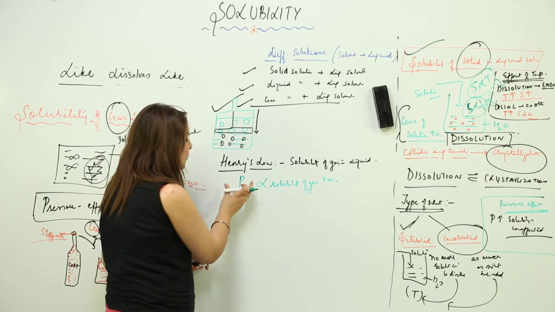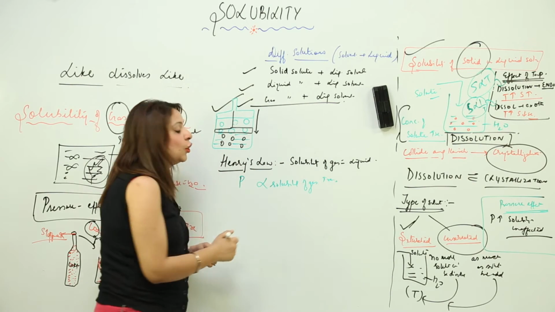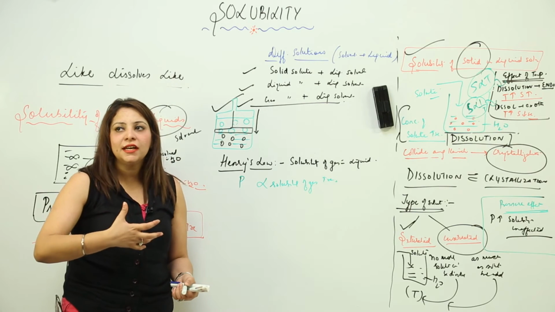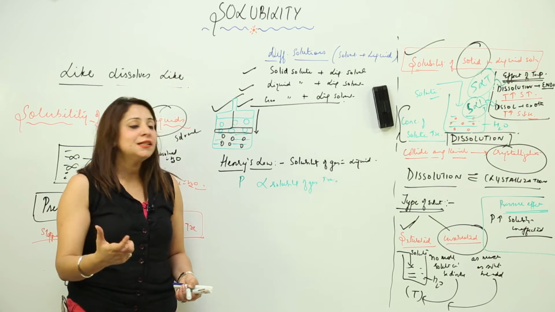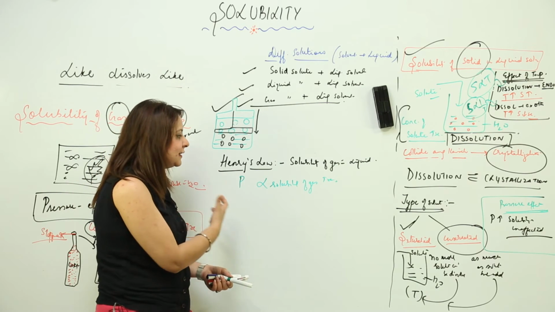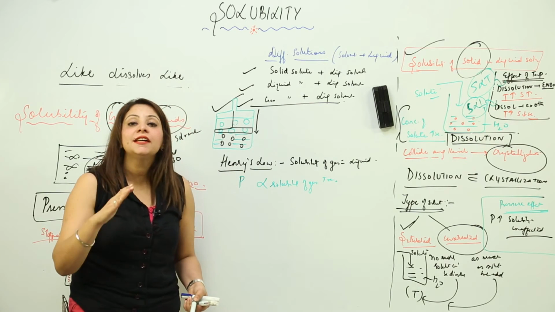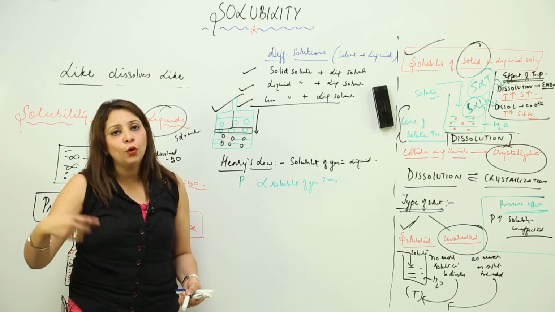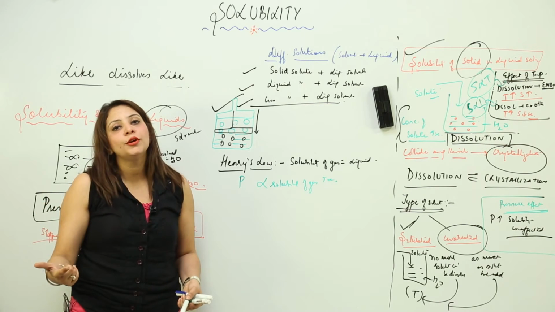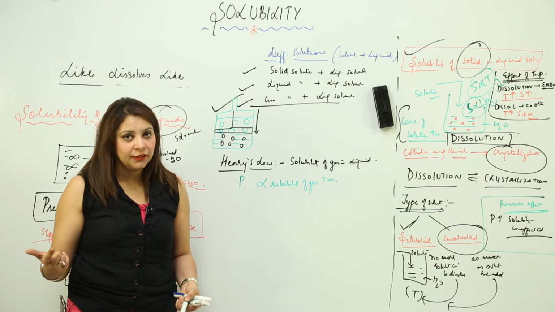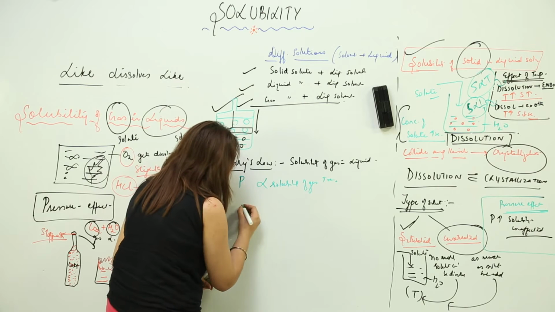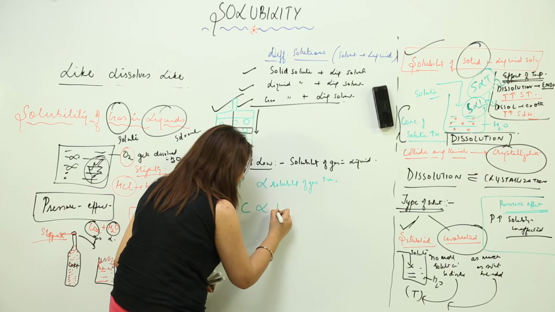So the solubility of gas in a given liquid is directly proportional to the pressure applied. That means the more the pressure applied, the more gas is going to dissolve in the given solvent, that is in a given liquid, right?